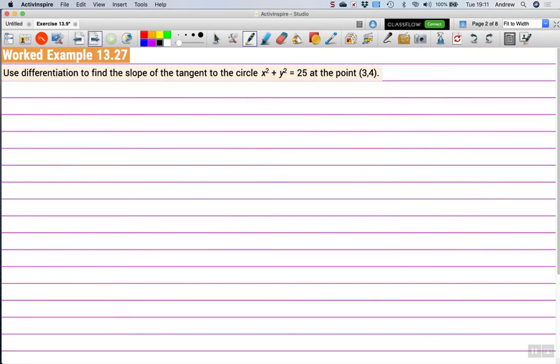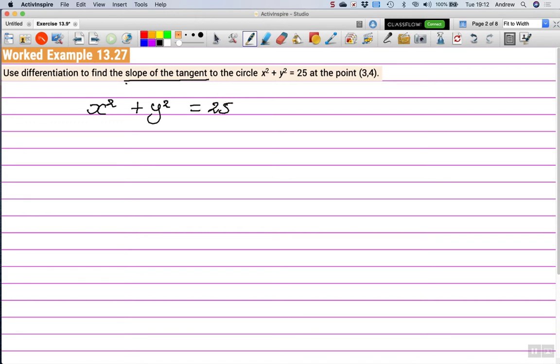Okay then, let's look at a proper example. It says here, use differentiation to find the slope of the tangent to the circle x squared plus y squared equals 25 at the point (3, 4). So we're looking for the slope of the tangent, which is the same as saying find dy/dx. We've got x squared plus y squared is equal to 25.